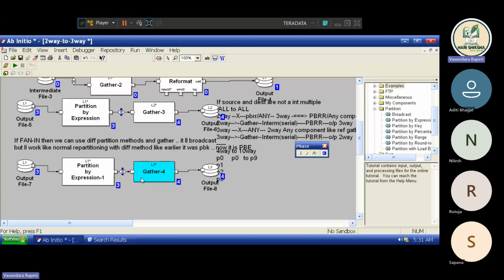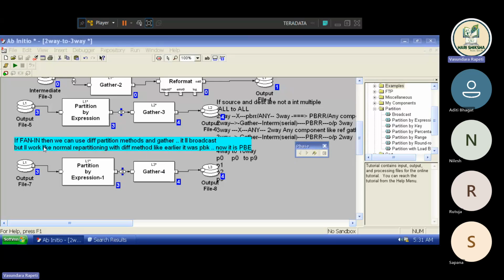Mainly for non-integer multiple. Okay, either fan in or fan out, non-integer multiple, this arrangement is the base.